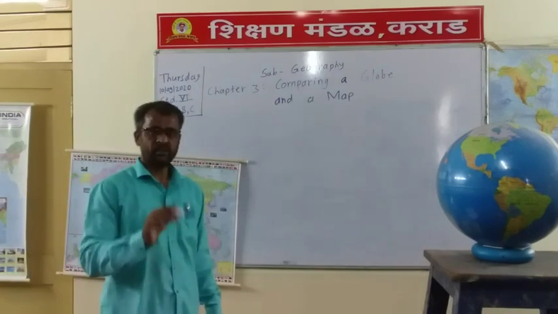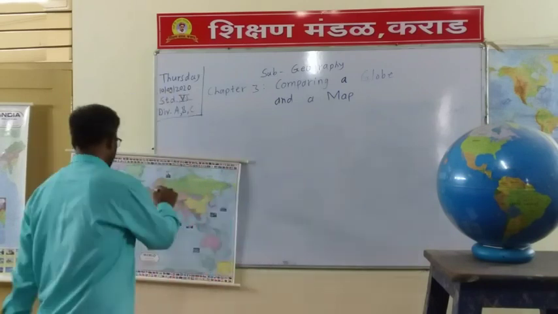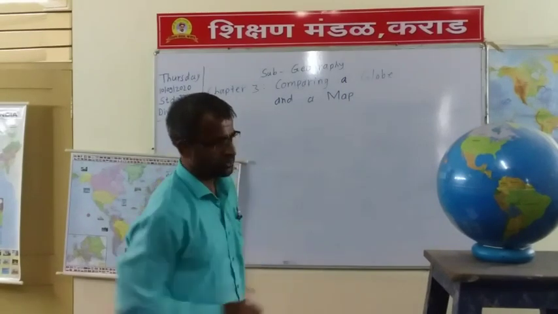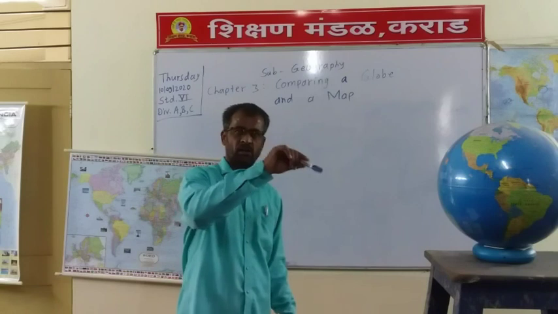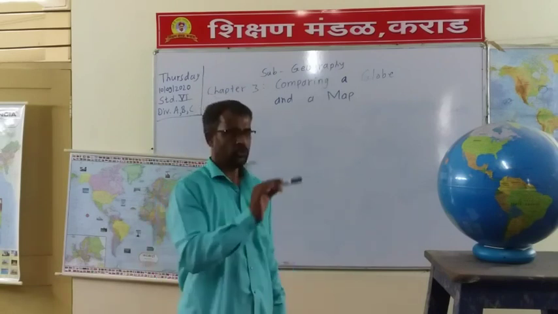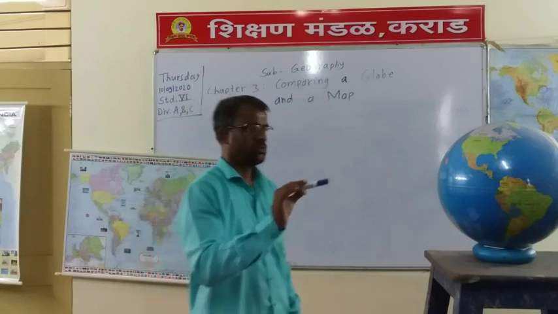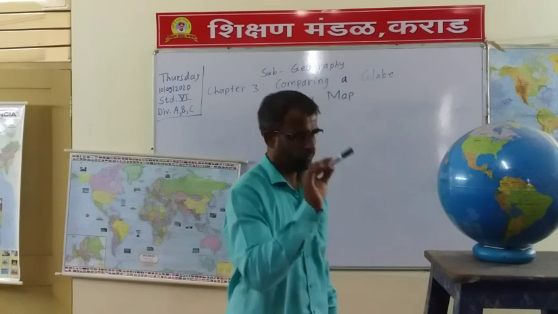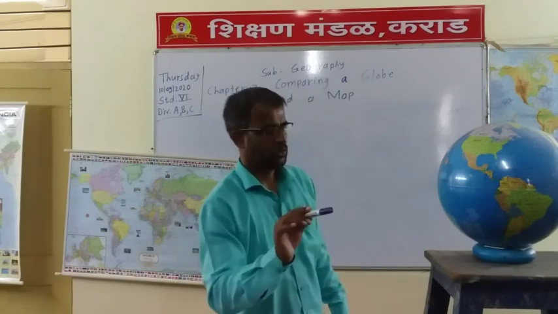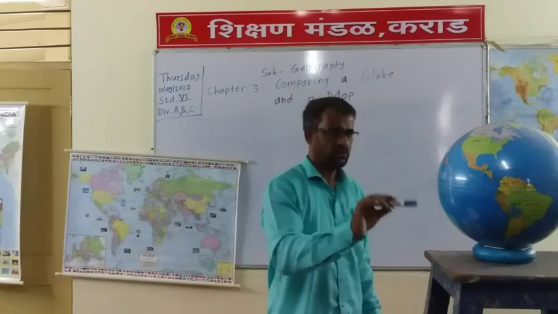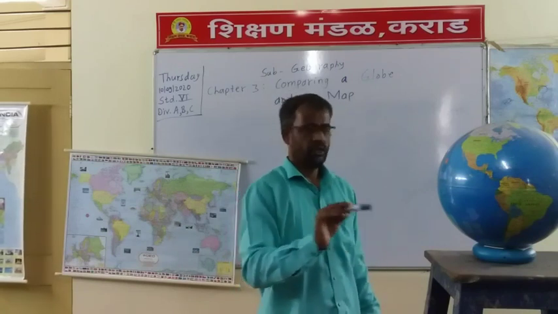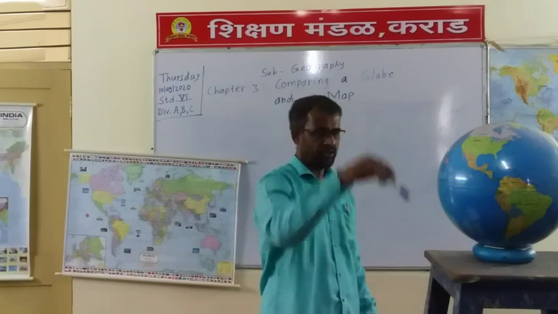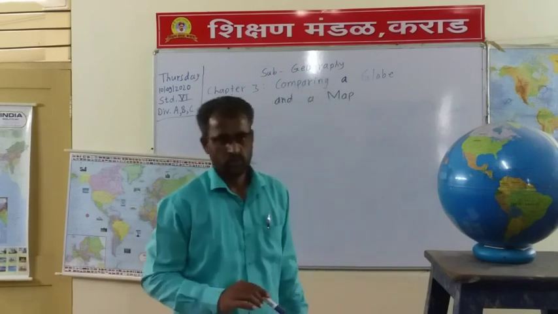And thus, after comparing a globe and a map, we have concluded that a globe device is a duplicate model of the Earth and shows us continents, physical features like mountains, valleys, plateaus, water bodies like rivers, oceans, etc., and parallels of latitudes and meridians of longitudes.